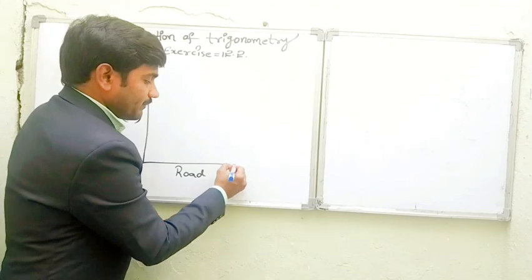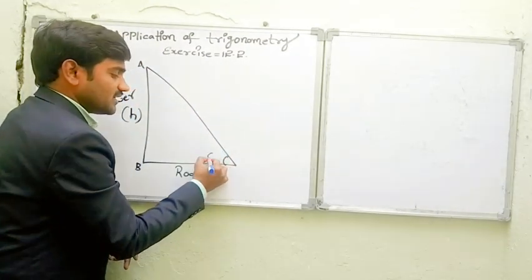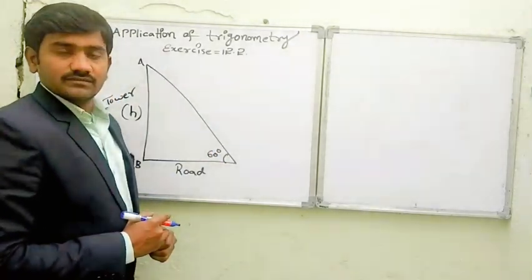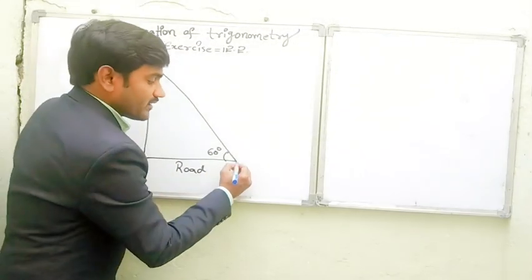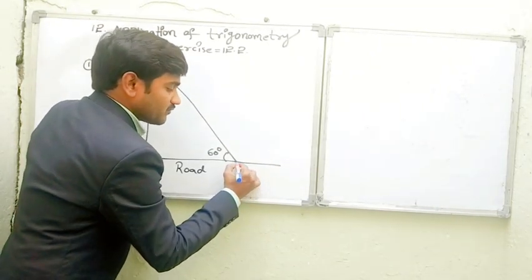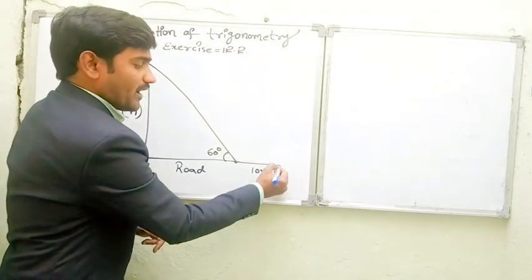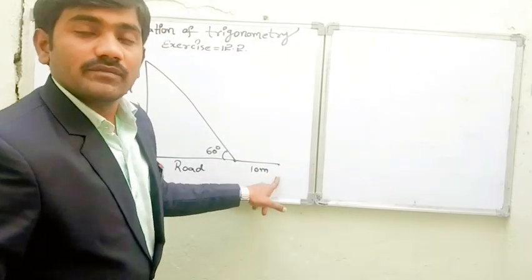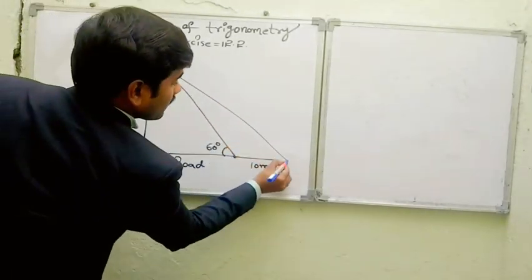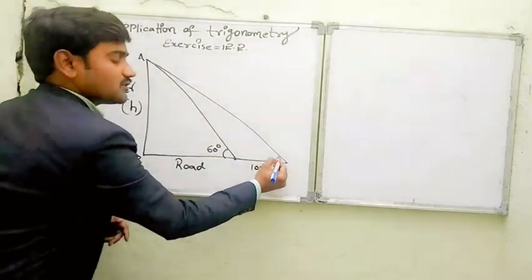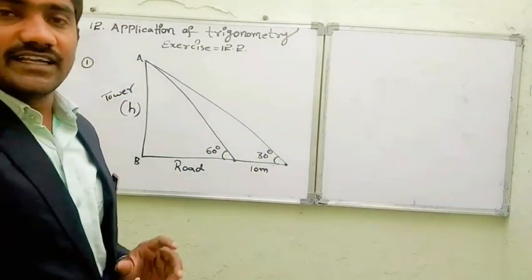From this point, the angle of elevation to the top of the tower is 60 degrees. Okay, this is the width of the road actually. From here, there is a point 10 meters away from this point. From this point again, the angle of elevation to the same tower is 30 degrees.